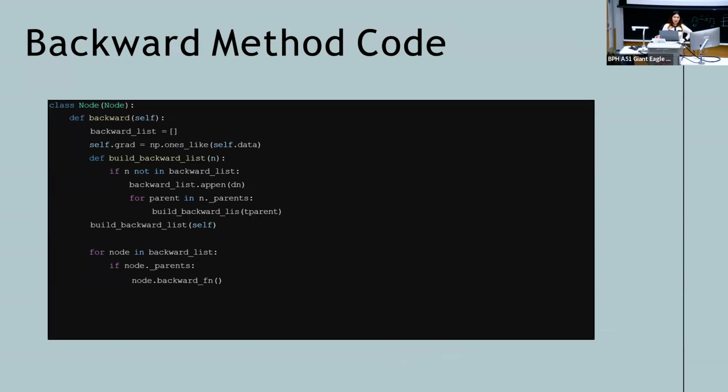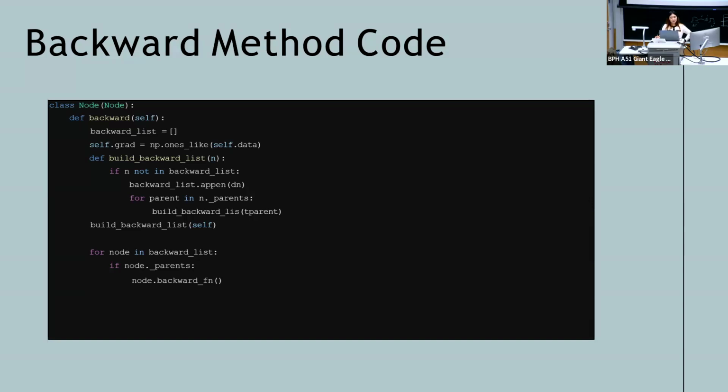So inside the node class, we have a function called backward, and then we initialize the backward list as empty. And then we will initialize the gradient as an array with all ones, and the shape or the size of this array will be the same as the input, so it will be self.data's size. And then we will build a recursive function called build_backward_list here. And then we will take a node as the input. We first check whether it is in the backward list.